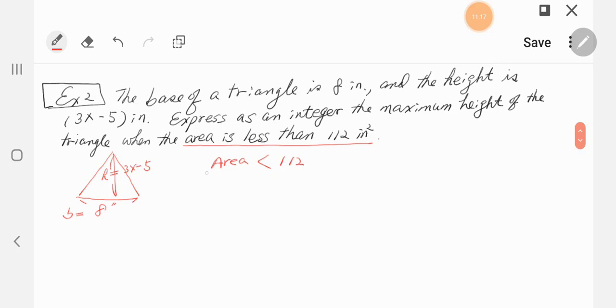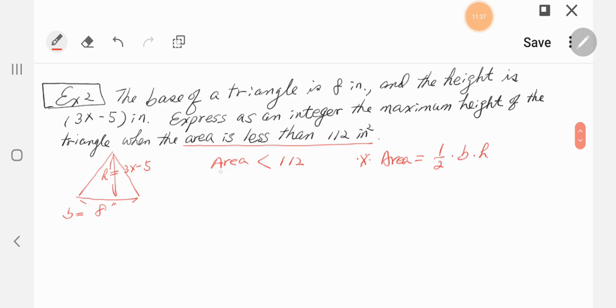Then the area formula. What's the area formula of a triangle? 1/2 times base times height. Base times height divided by 2.